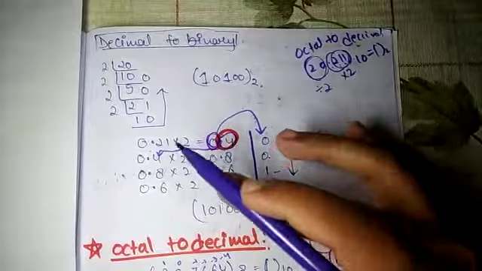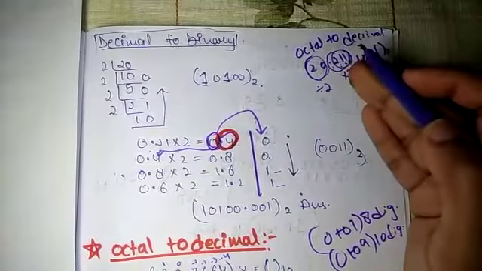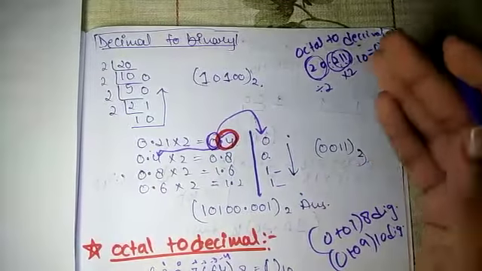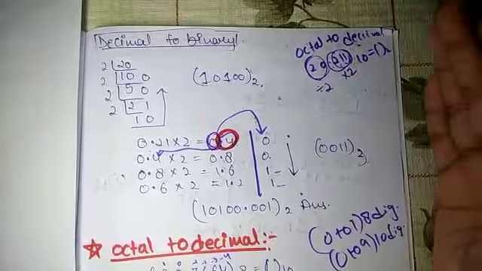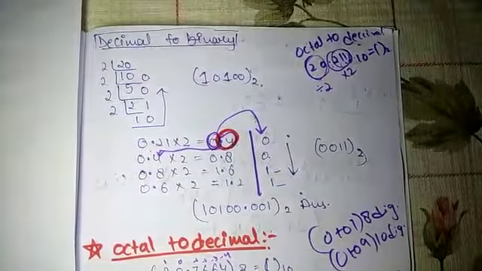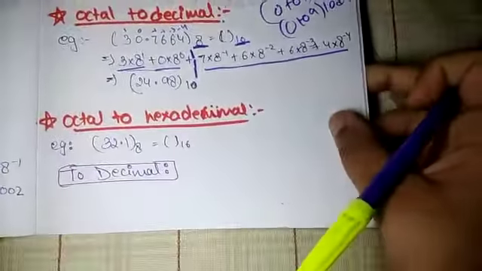This is the octal to binary conversion. In octal to binary conversion, we are first converting the octal to decimal, then decimal to binary, and that will be our full answer. Now coming on to the next part, that is octal to hexadecimal.